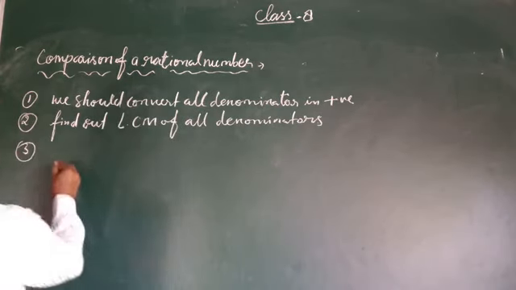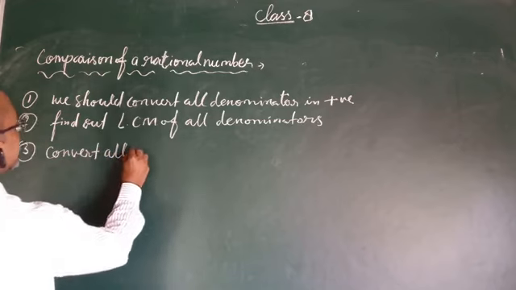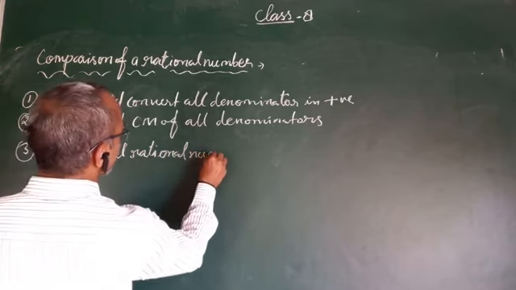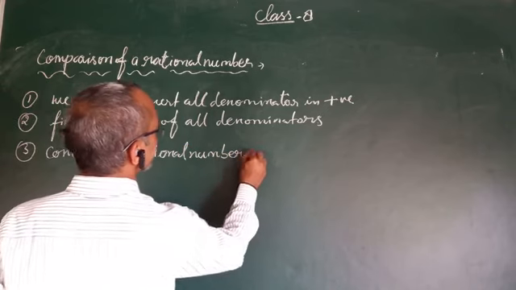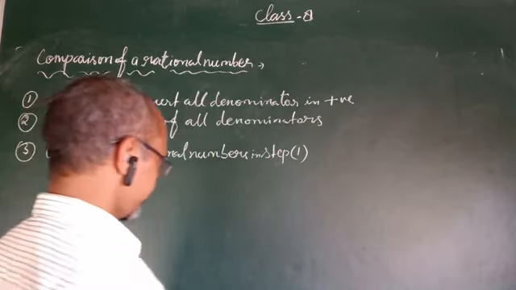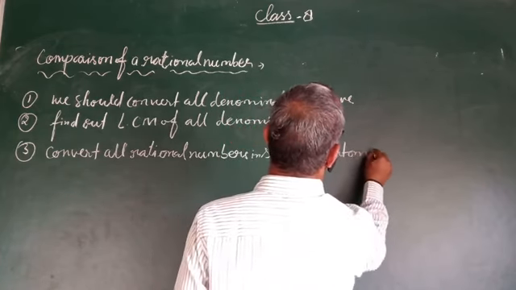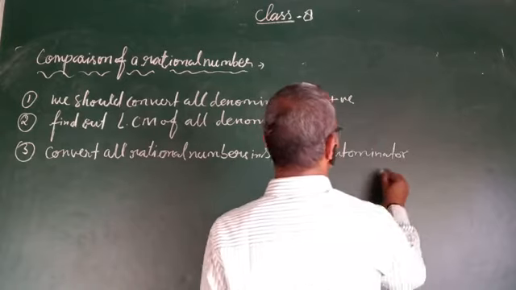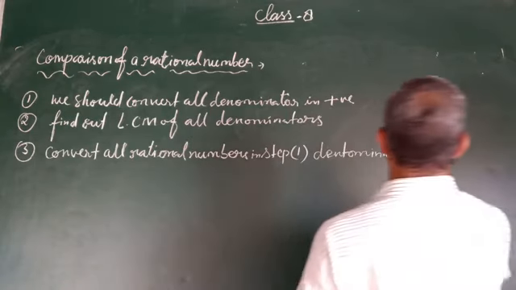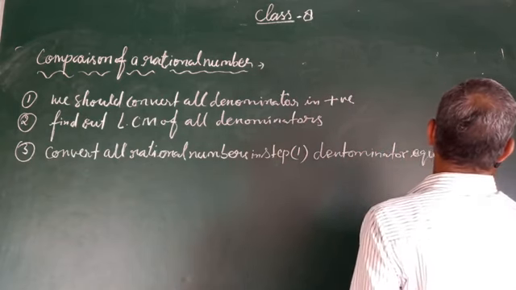Third step, convert all rational numbers in step 1 so that the denominator is equal to the LCM.